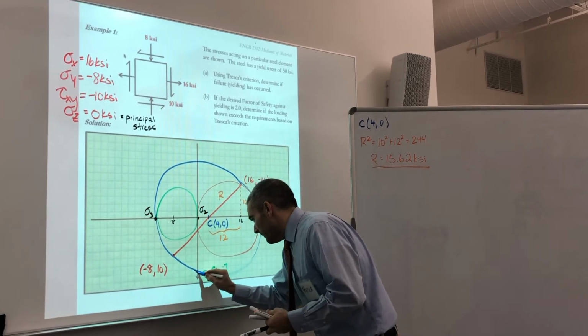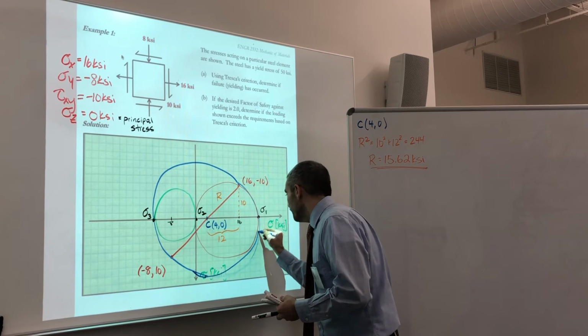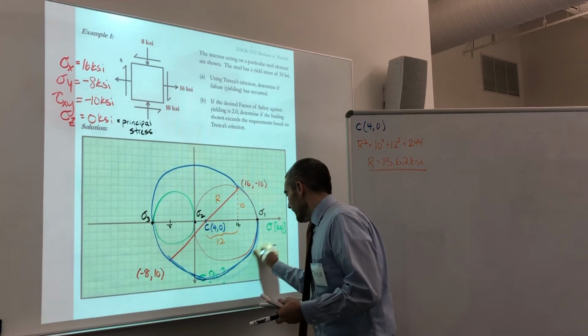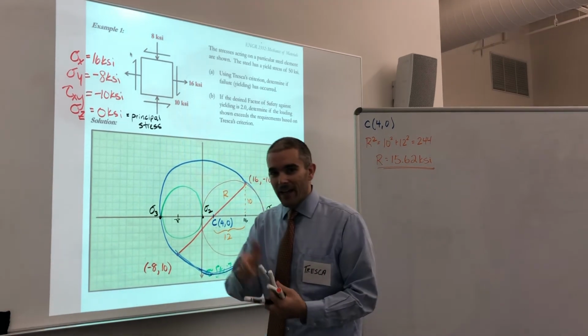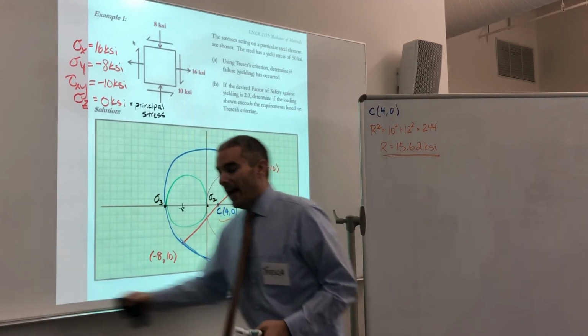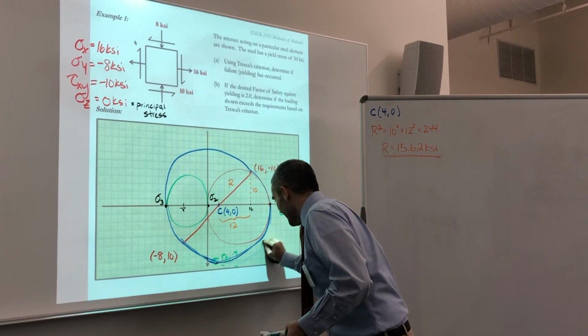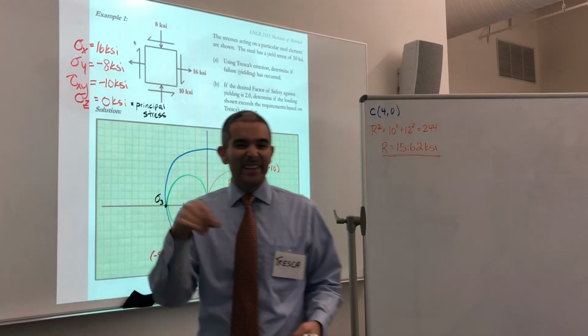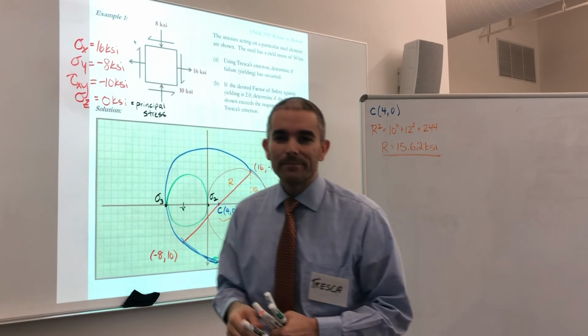This should be the bottom of my circle. I'm sure you guys did a better job of drawing that in your notes, especially if you pulled out your compass. I always encourage that. Or if you're using a digital thing, of course, the circles look perfect, right?